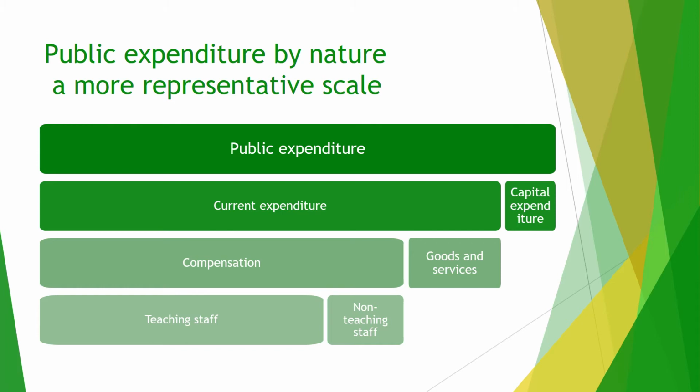Current expenditure represents the vast majority of the total expenditure for education, compensation represents more than half of the total current expenditure, and teaching staff represent a very large part of the compensation. Again, this is illustrative.